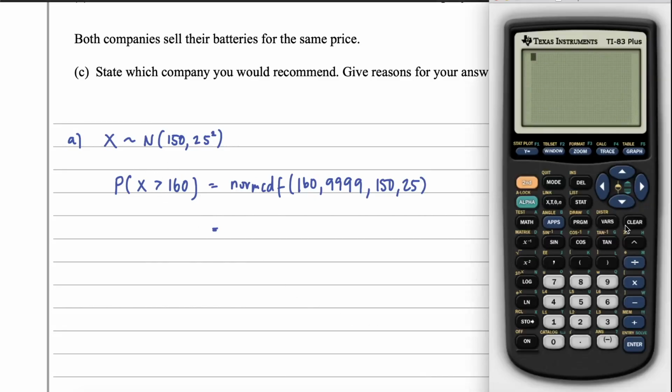All right, let me just clear that. Let's go into our distribution menu, normal cumulative distribution, 160, 9999, 150, and 25. And we get an answer of 0.3446 approximately.